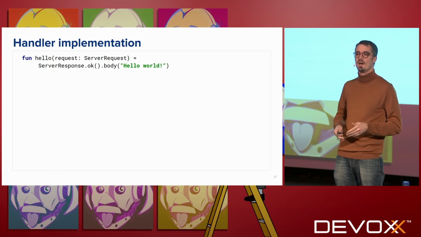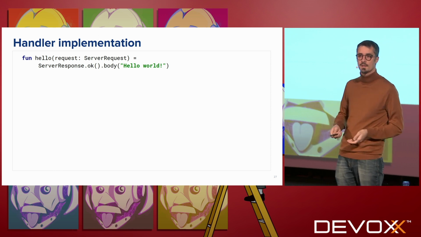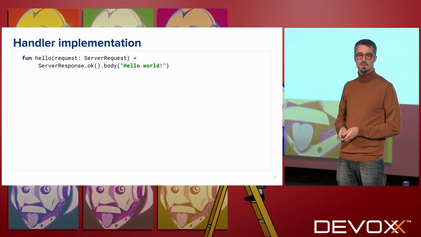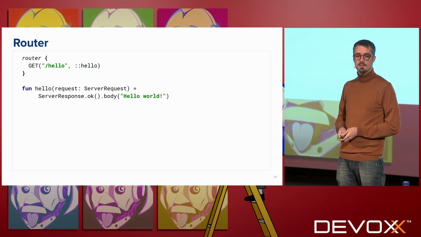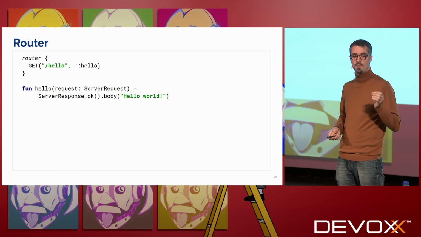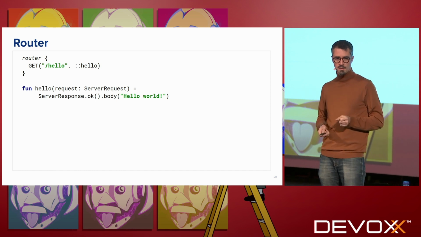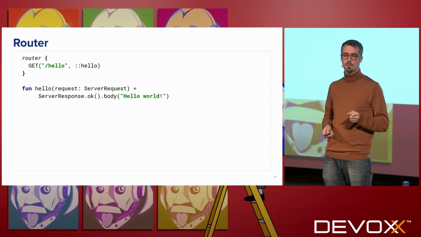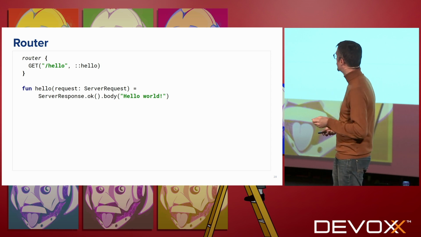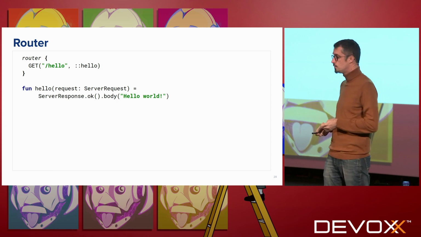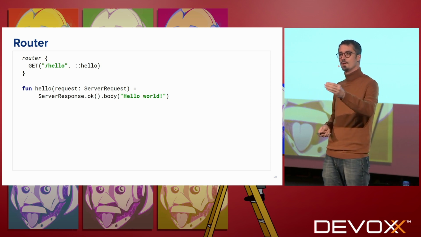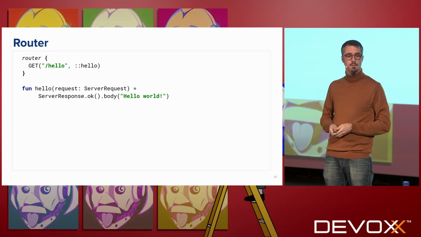You can specify any kind of headers via this kind of API. And you will plug this handler into a router, which will specify the mapping. Usually, we use callable references, like here with hello, to make the link between the router and the handler.